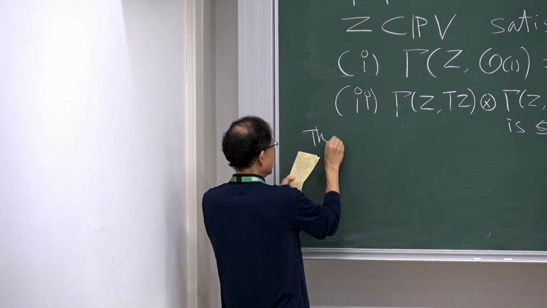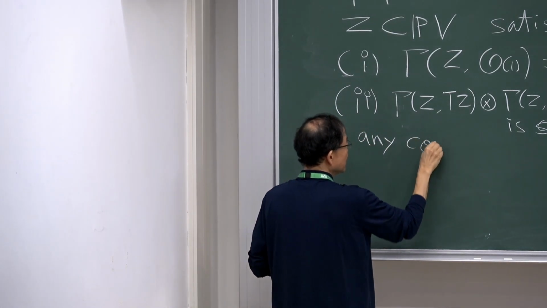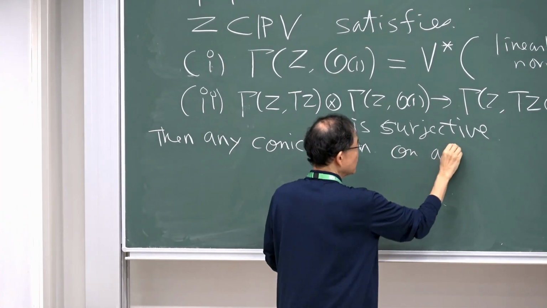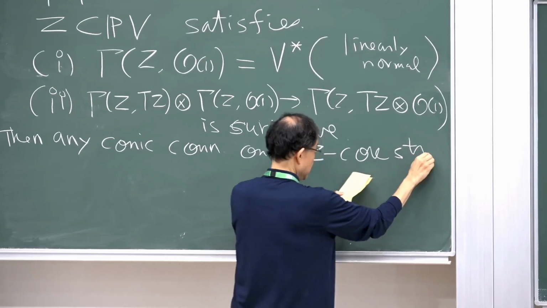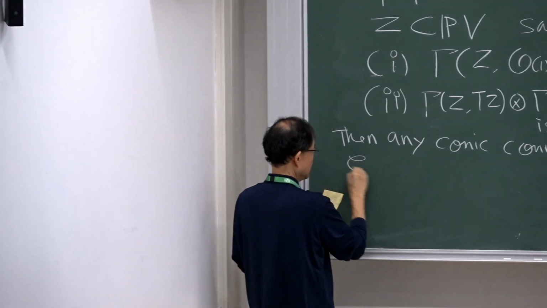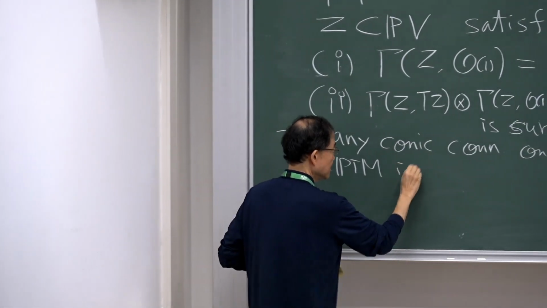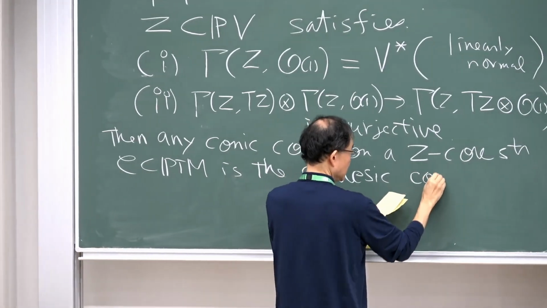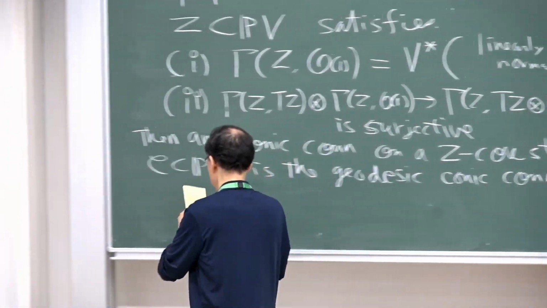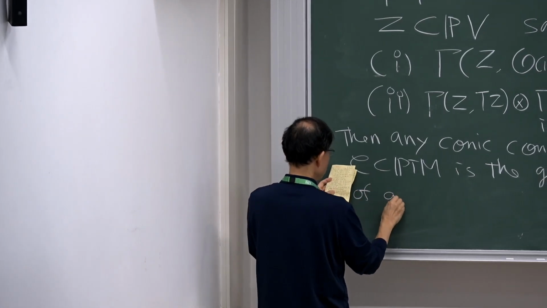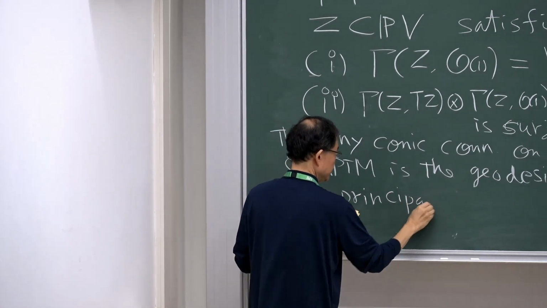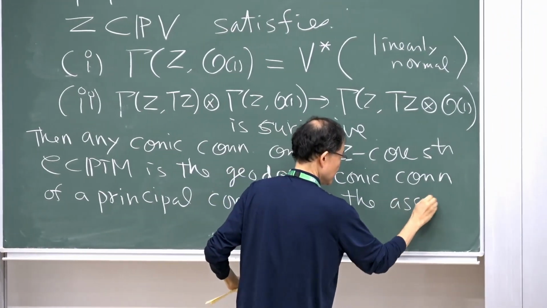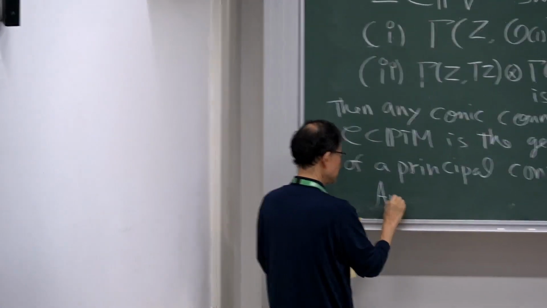Then any conic connection on a G cone structure is the geodesic conic connection of a principal, associated O2G structure.